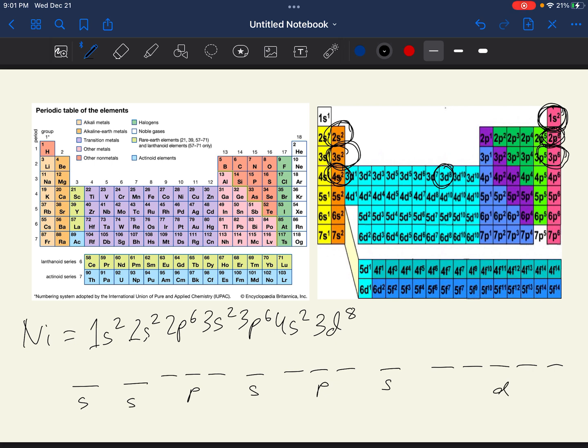D. Sounds good. Okay, so we know that the 1s2 orbital is filled, so we can just put those two opposite arrows. We know that 2s2 is filled. 2p6 is filled, because remember, how many electrons are in P? 6.